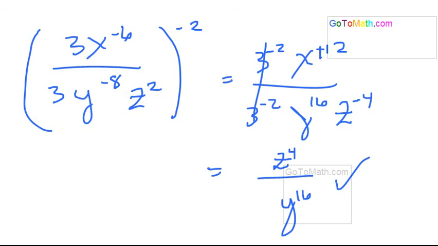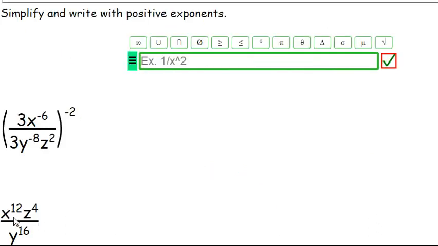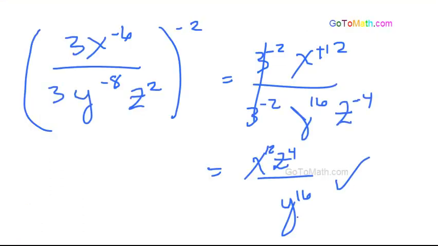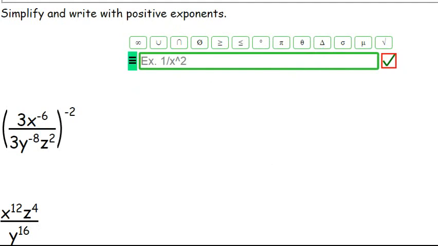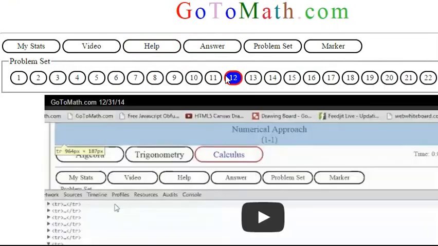That's what happens when you get in a hurry. So that's a positive 12, so that's going to be x to the 12th up here in the numerator. Alright. x to the 12th, z to the 4th. Is that another mistake I made? No, z to the 4th and y to the 16th. Alright, looks good.